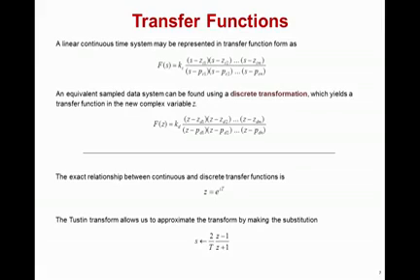You can see that the bottom equation, where S is approximately equivalent to the equation shown on the right-hand side, shows how the Z transform values are converted back to the S domain. This is an approximation known as the Tustin transformation and gives you a very close representation of the equation Z equals e to the sT.